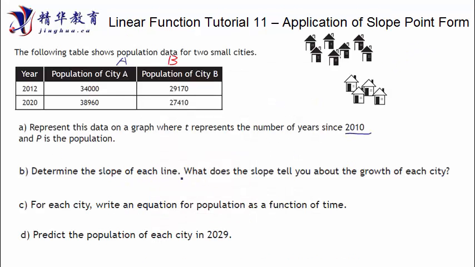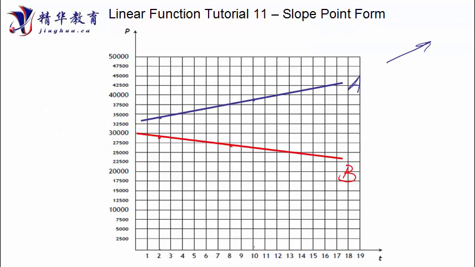We're going to find the slope of each one. First, we use rise over run.